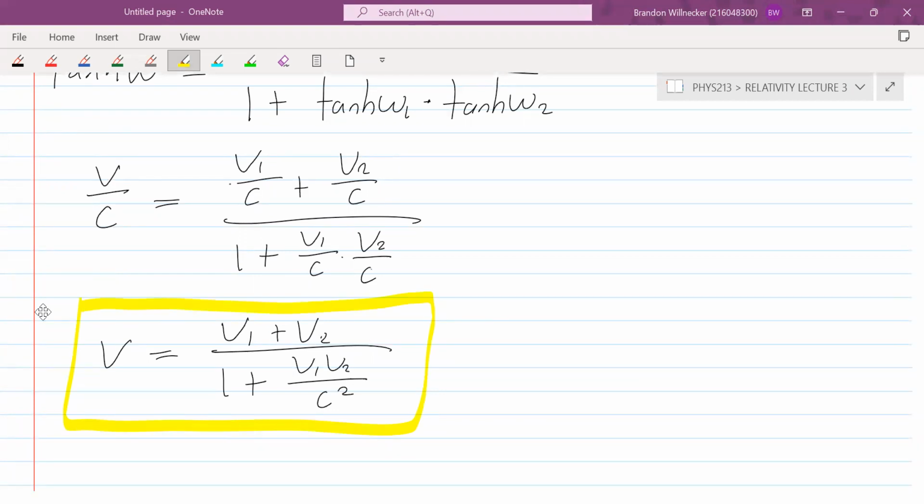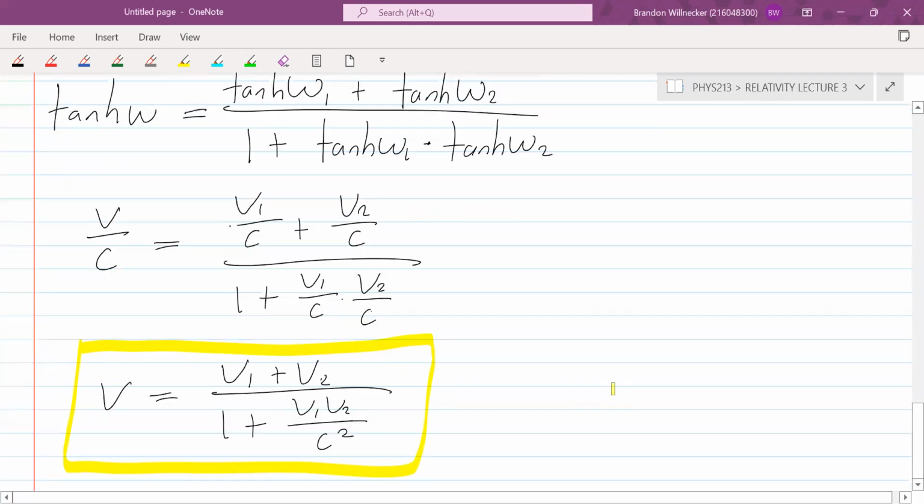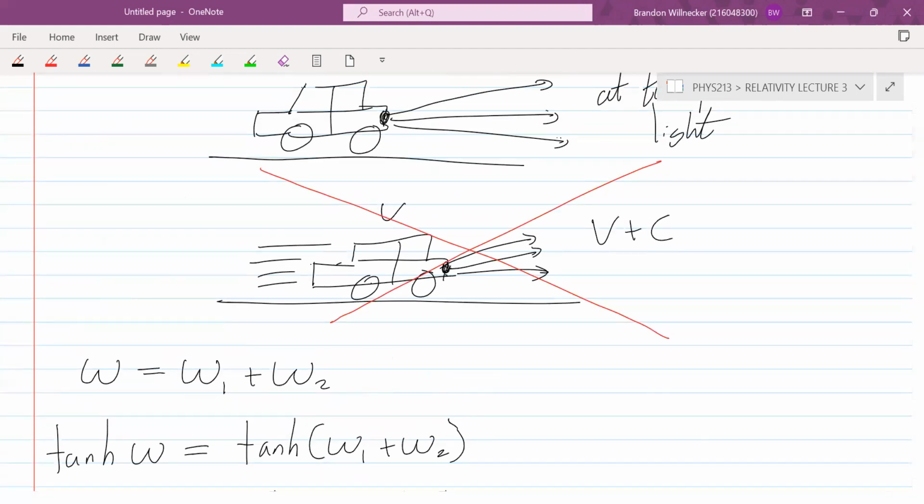However, this is not intuitive. Why would you add velocities in the numerator and then divide by this funny factor in the denominator? The only reason this looks unintuitive and complicated is because we're looking at it in the wrong way. We shouldn't be looking at velocities in terms of the spatial velocity v. In relativity, we should be looking at velocities in terms of rapidities.